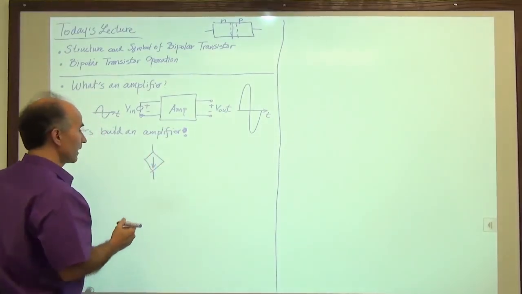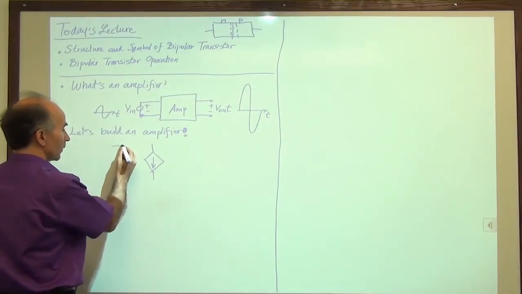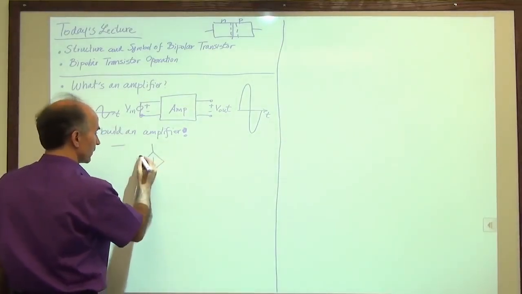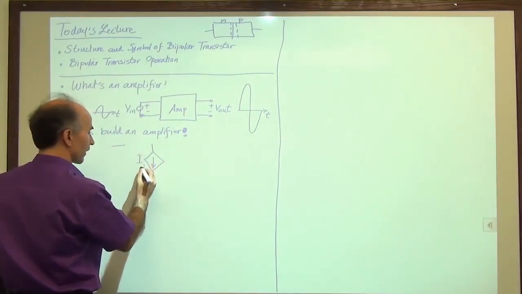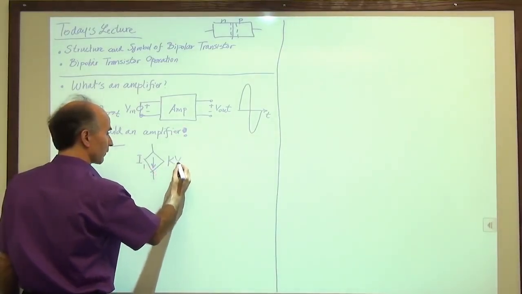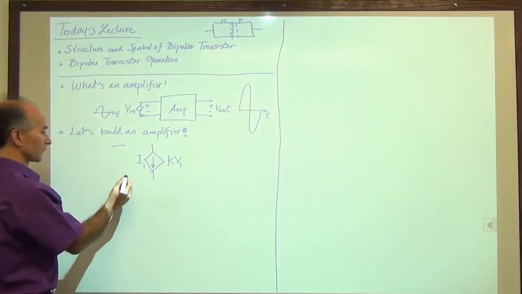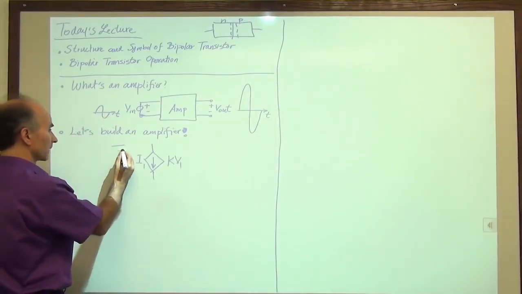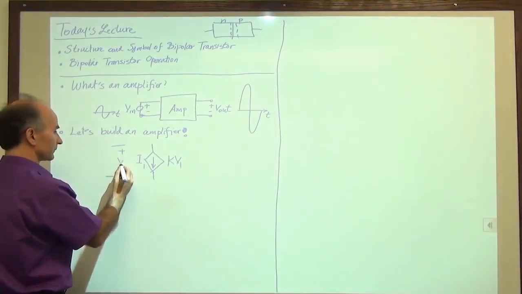So I'll go by this current source, which has a value, we'll call it I1, and I1 happens to be some factor times a voltage. And that voltage happens to be here, V1.